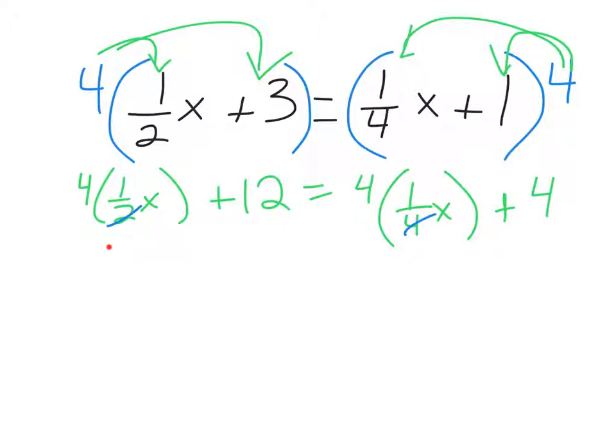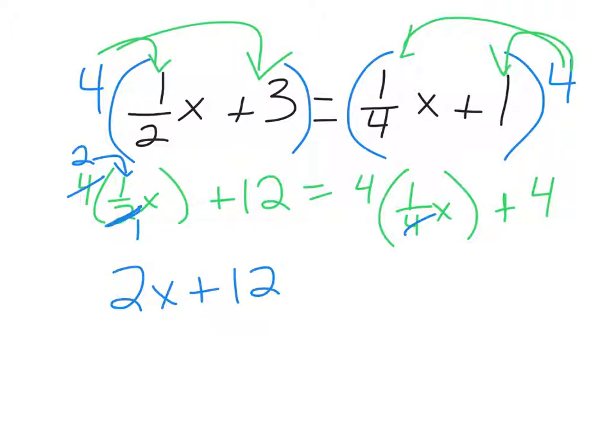In that first problem right here, 4 multiplied by 1/2, since both 2 and 4 can be divided by 2, that allows me to eliminate that 2, since it becomes 1 by taking 2 divided by 2. 4 divided by 2 is 2 though, so we do want to have something there, but that cancels out the bottom number. And so that would leave me with 2 times 1x, which we know would just be 2x then. So we have 2x plus 12 over here on the left.